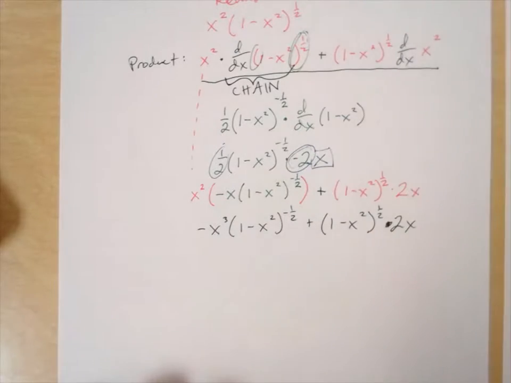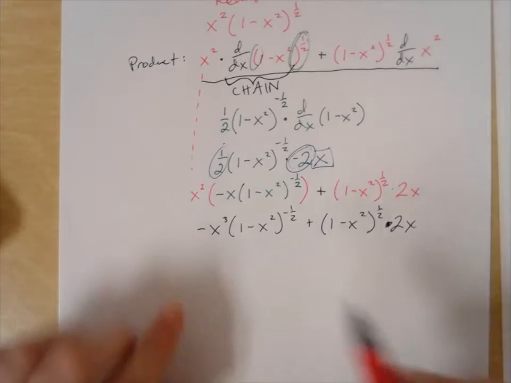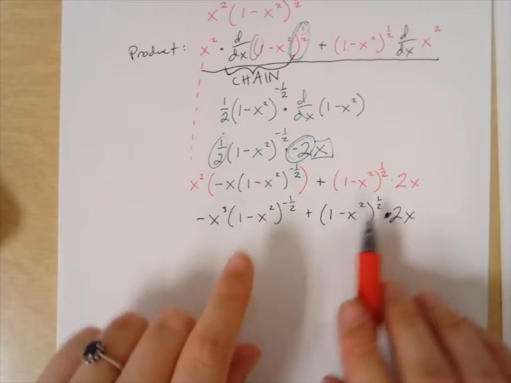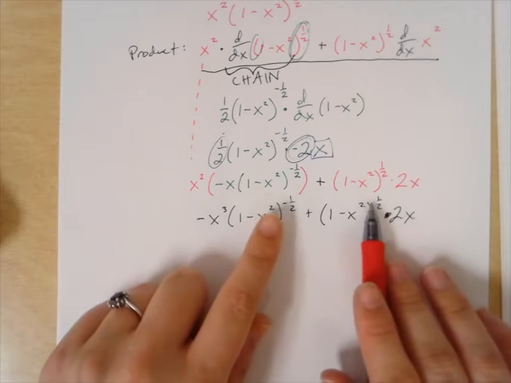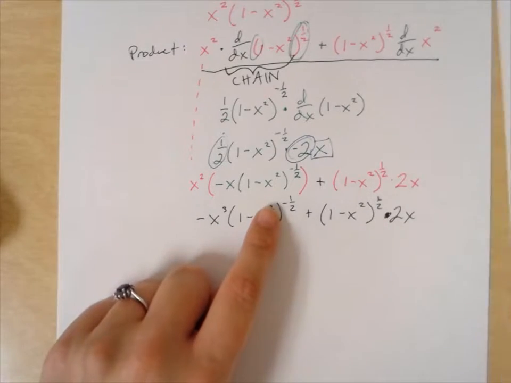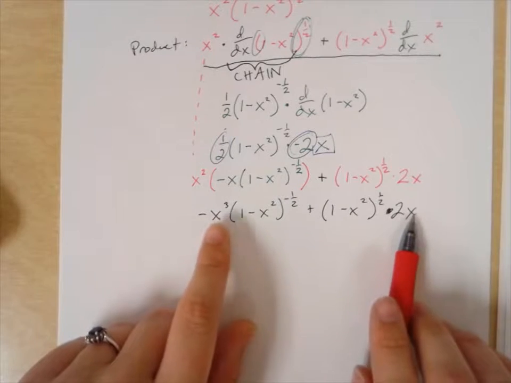times 2x. Now here's what's important to see. Both terms here have a 1 minus x squared to a 1/2 power at least. And then they also both have an x out front.